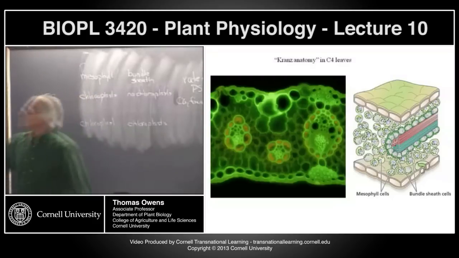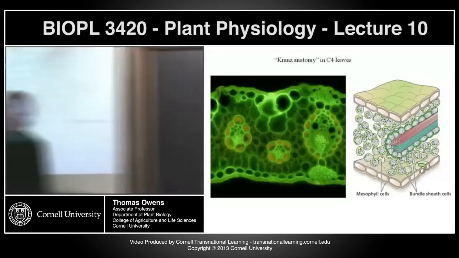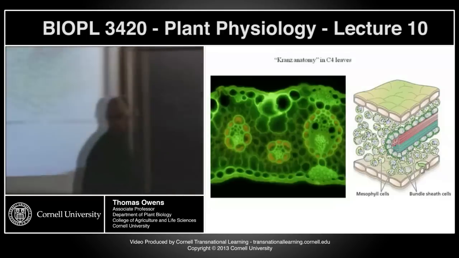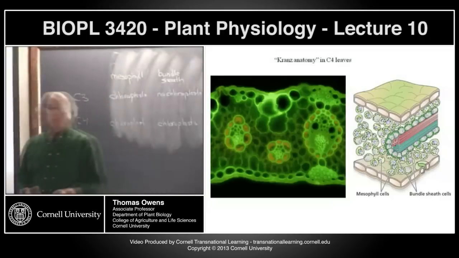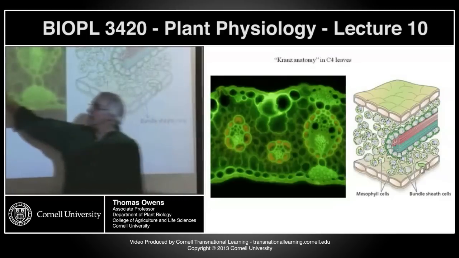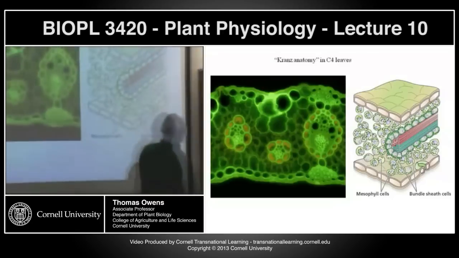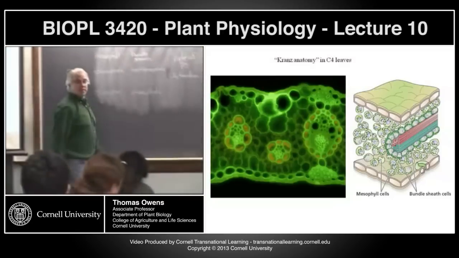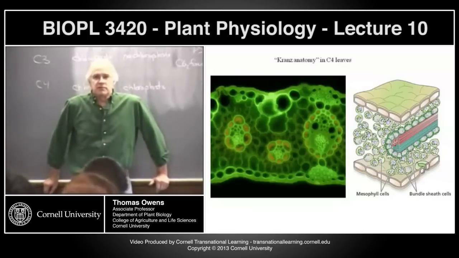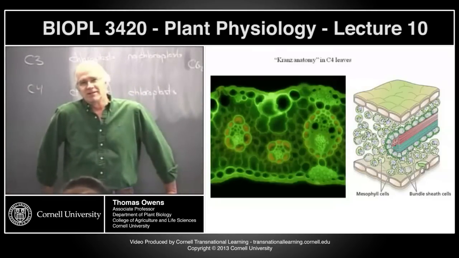And when you look at these bundle sheath cells in C4 plants, they're enlarged. And they called this Kranz anatomy. Do I have that up there? Yeah. Kranz anatomy. Anybody speak German in here? Yeah, so what's Kranz mean?